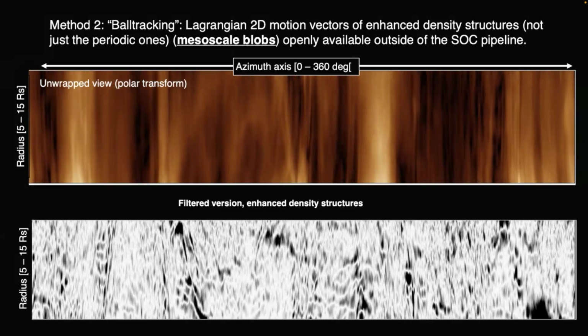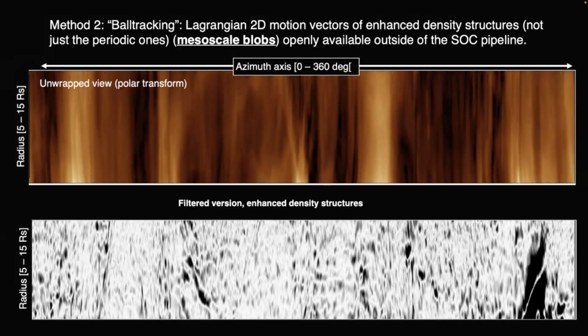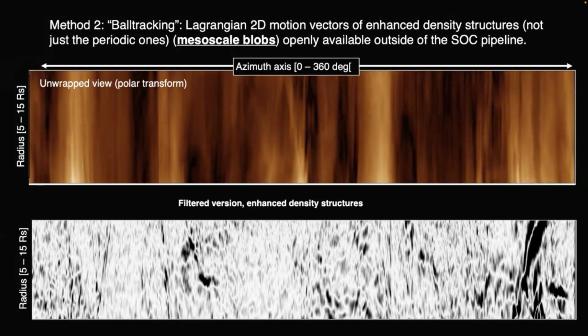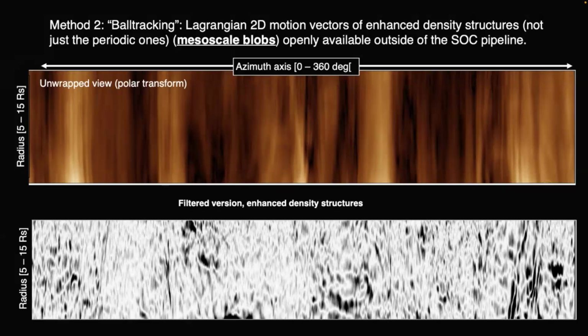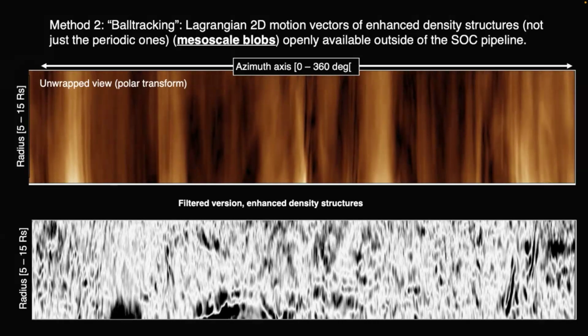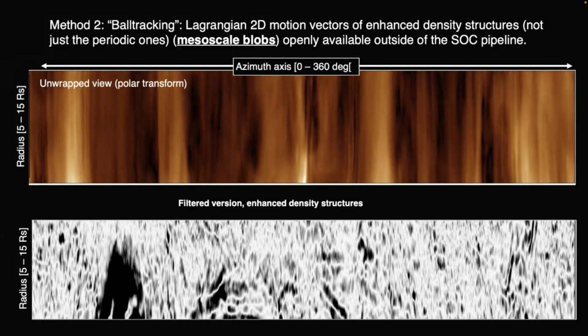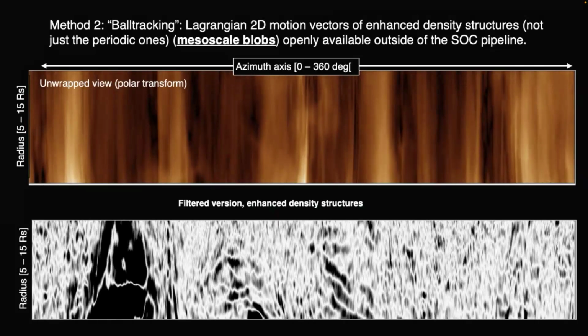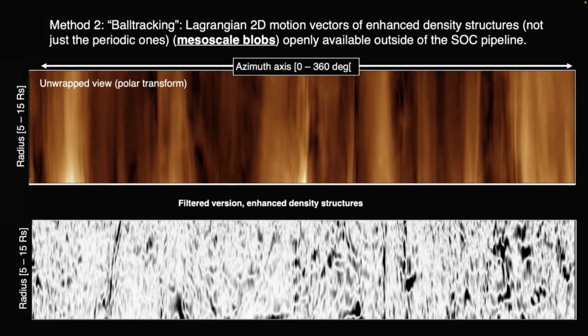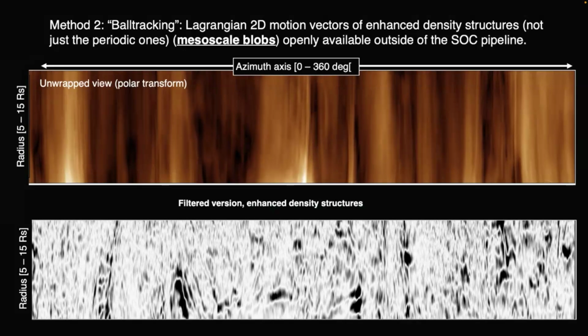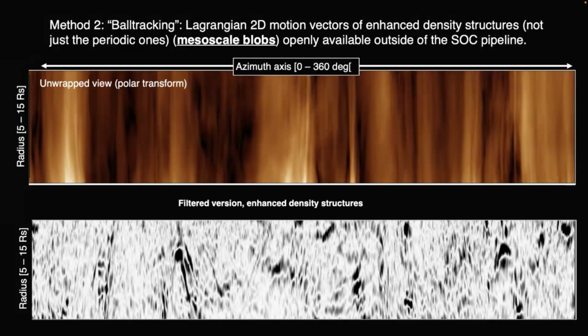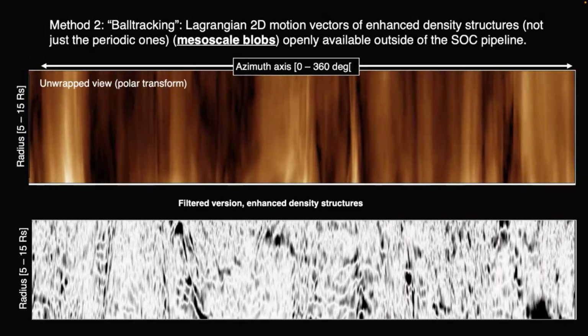That algorithm is not officially running within the SoC, but eventually it may happen, but no promises at this point. The algorithm will be openly available outside of the SoC pipeline to whomever wants to create more advanced flow maps. So I'm going to talk more about this other possibility.